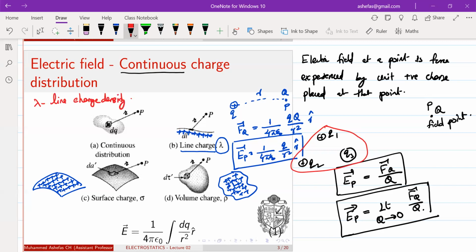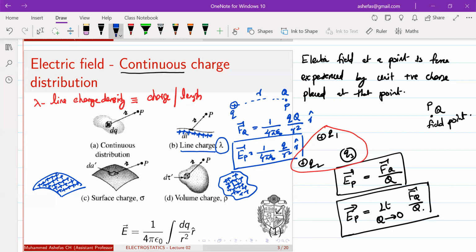So line charge density is nothing but charge per length. So the number of charge per unit length is called the line charge density, and by definition we'll denote it by the symbol lambda.